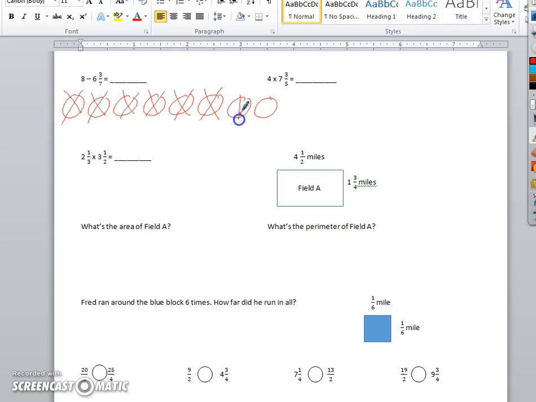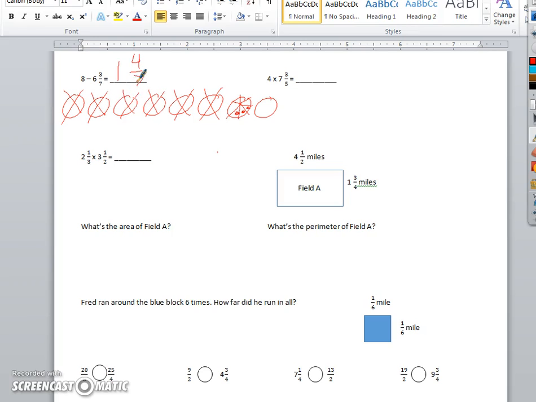I need to cut this one into 7, and I know my 7 pieces are not going to be exactly equal. And then I'm getting rid of 3 of them. So what do I have left? I have this whole one, and I have 1, 2, 3, 4, 1 and 4/7 left.